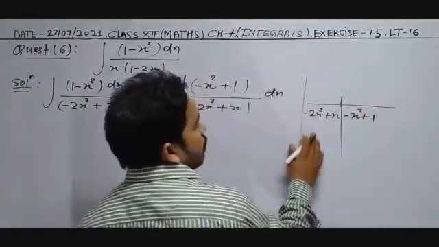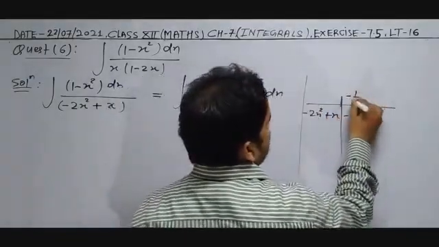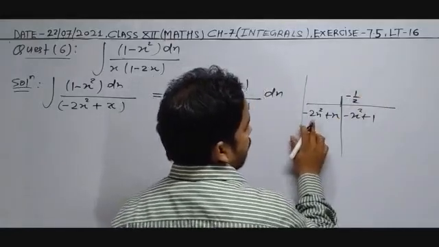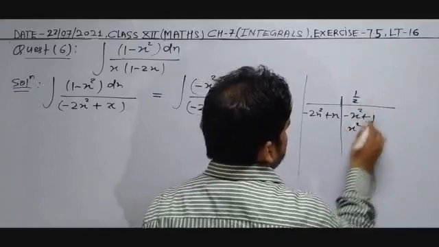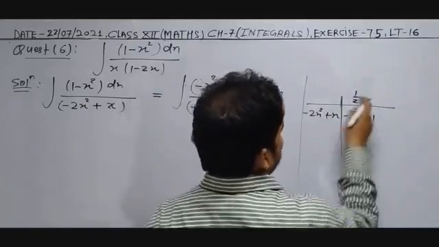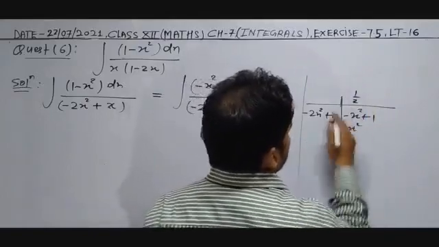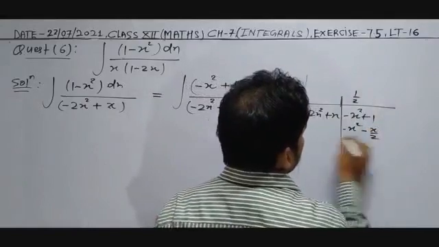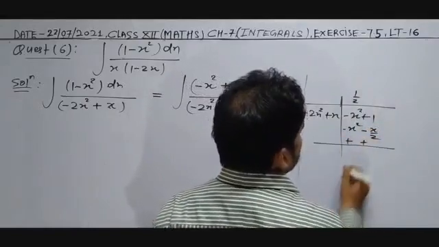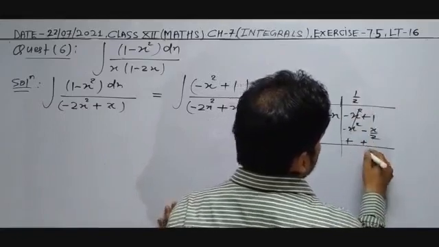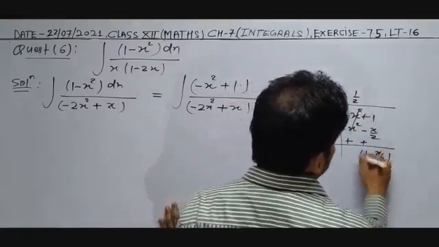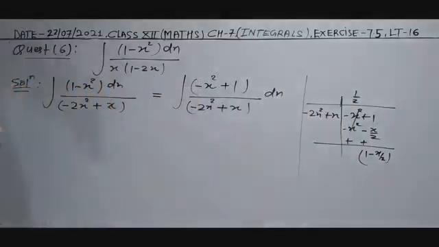Now you will multiply by minus 1 by 2. So you will get minus x plus 1 by 2. So you will get x square plus 1 by 2 minus x square, and now minus x by 2. Now sign change, this will cancel out and this will be 1 minus x by 2.